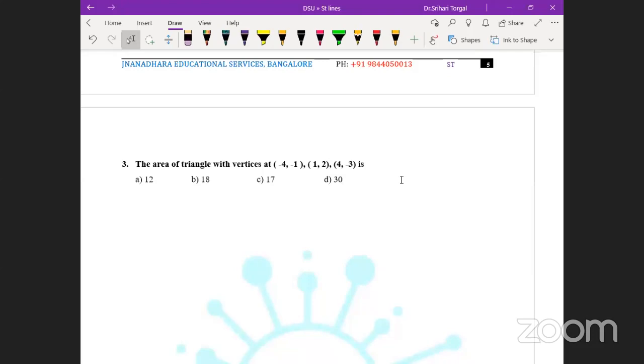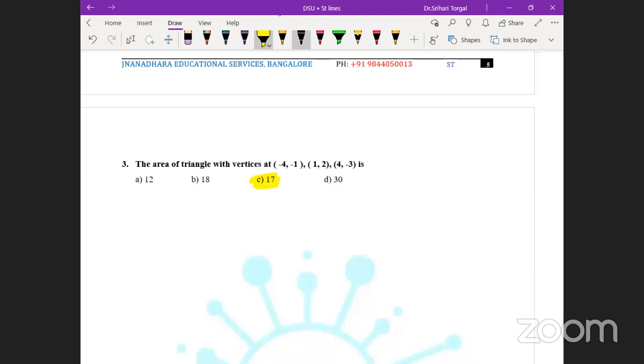The area of the triangle with vertices. Find out the area. Yes, option C. Okay.